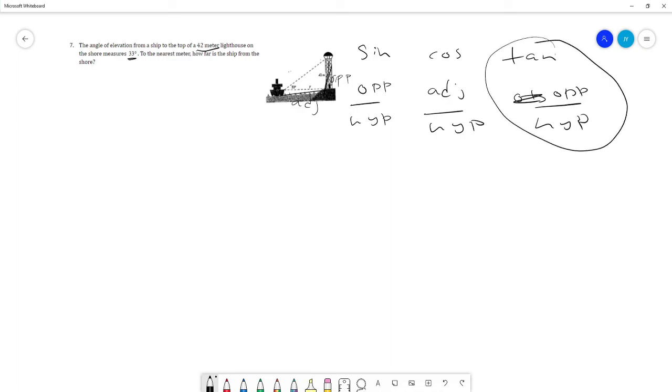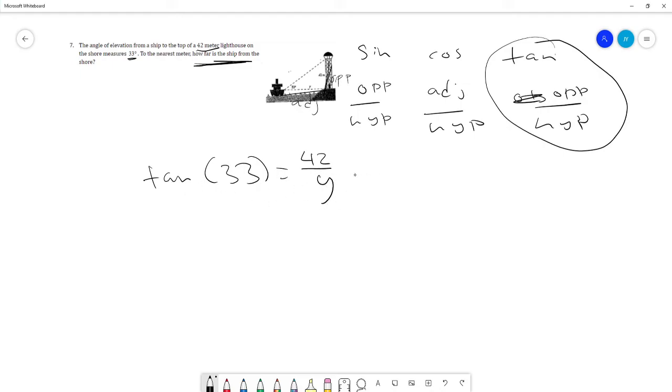So we're going to plug into an equation for tan. Tan of the angle that's given, 33, is equal to opposite, which is 42, over what we're solving for, y, because it's asking how far the ship is away, and y is how far the ship is away. Now we treat tan as a regular number, and we have to get y isolated.